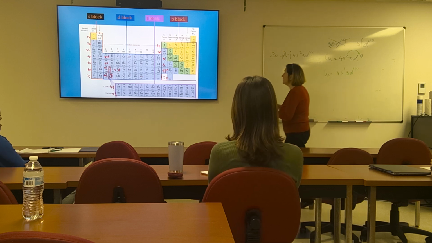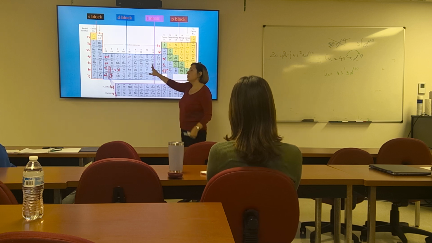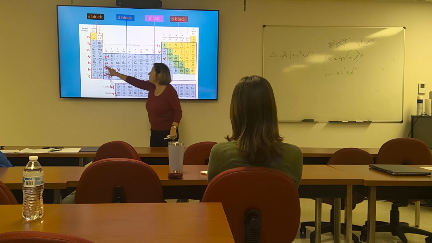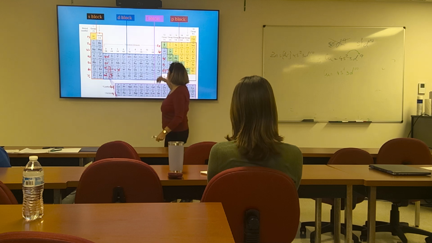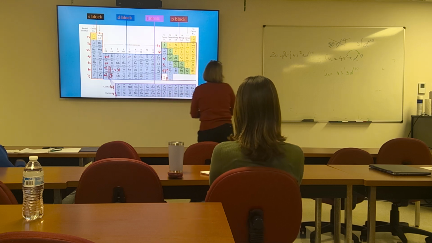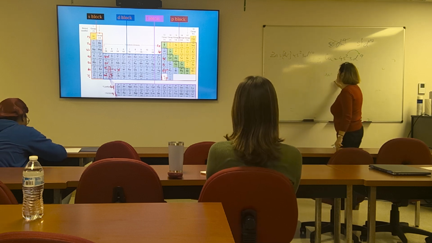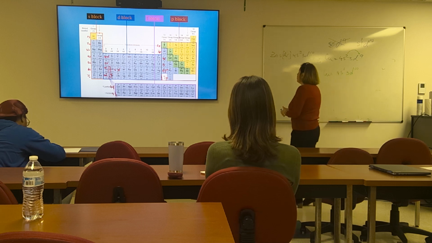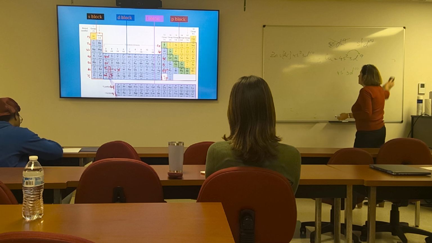So any element that is below copper in the d9 column, silver will not have an s2 d9, it will have a 5s1 4d10, and so on. You have to be careful to look at the s orbital. Say I'm giving you a configuration and I want you to identify the element.